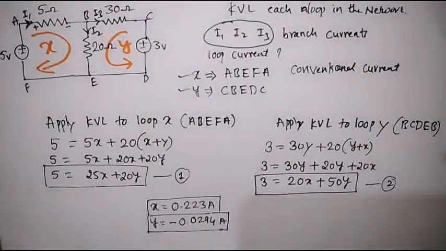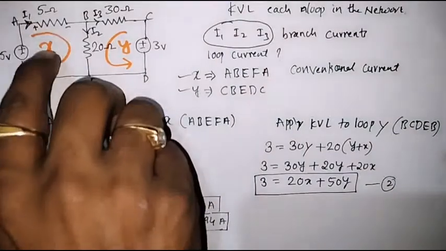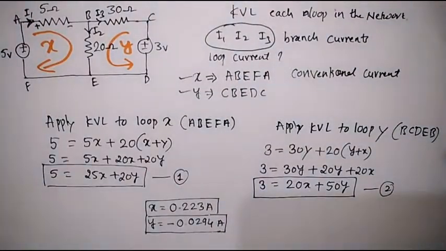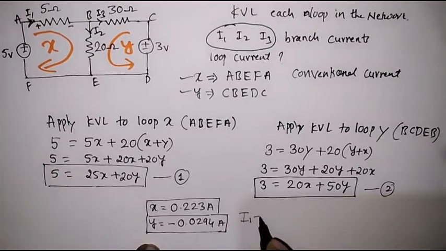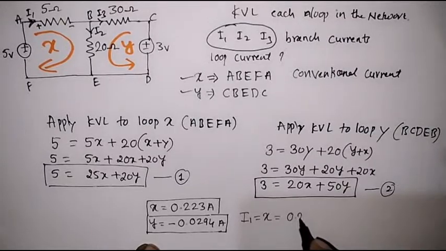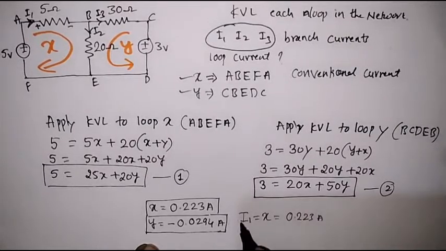Now we'll see what loop current is flowing in the 5 ohm resistor. That is, in the 5 ohm resistor current X is flowing. Therefore, I1 is equal to X, which is equal to 0.223 amps.